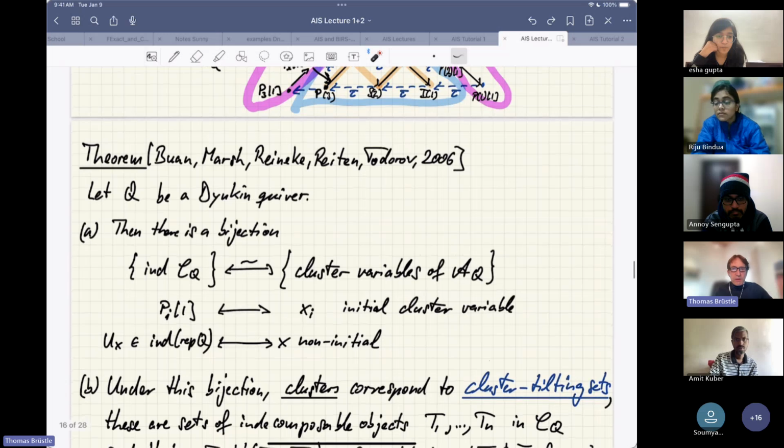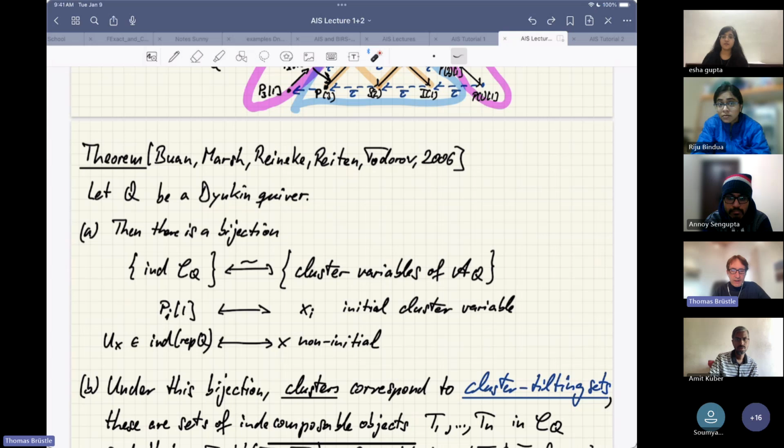And so once we identify cluster variables with indecomposable objects in the cluster category, we ask ourselves the question, how can we characterize then the clusters? Clusters are fixed collections of n variables.